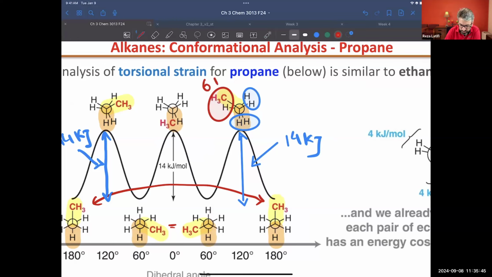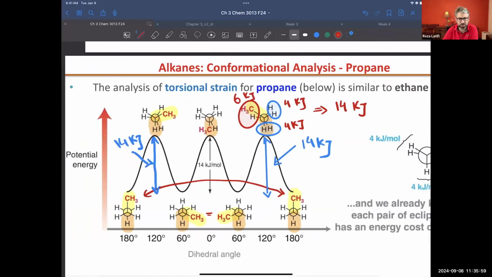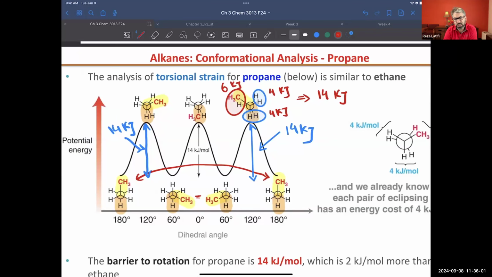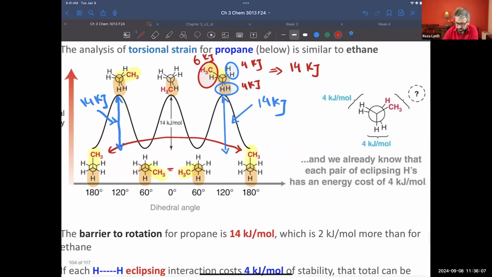If I add these numbers, 8 plus 6, it will be 14 kilojoule. And this is the reason the barrier for rotation over the carbon-carbon single bond in propane will be around 14 kilojoule. Again, this one is going to cost you 6 kilojoule.